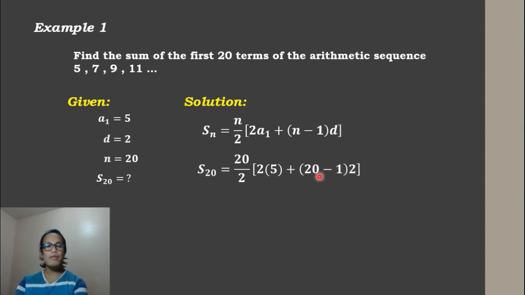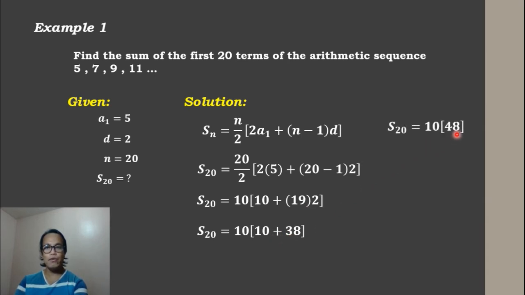Next, we simplify. 20 divided by 2 is 10. Then 2 times 5 is 10. Then 20 minus 1 is 19 times the common difference which is 2. We simplify the terms inside the parentheses. 19 times 2 is 38. Then 38 plus 10 will give us 48.